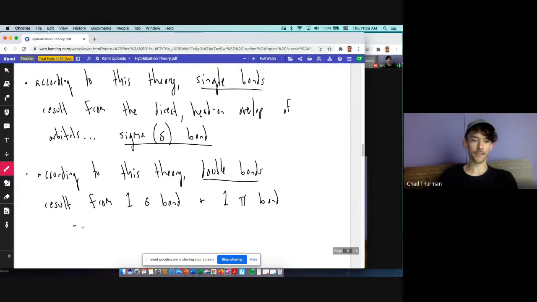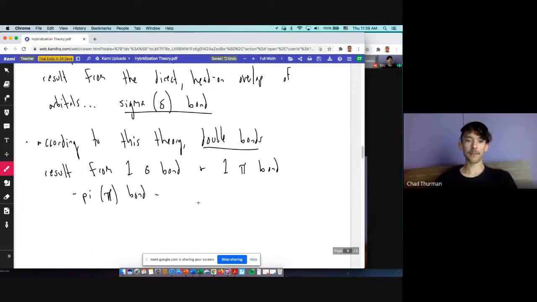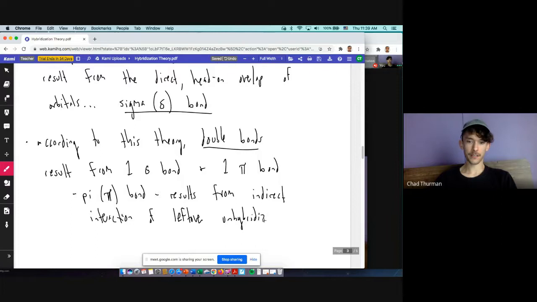And let me define a pi bond for you. A pi bond is a bond that results from the indirect interaction of leftover unhybridized p orbitals.